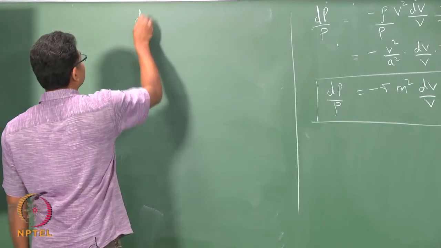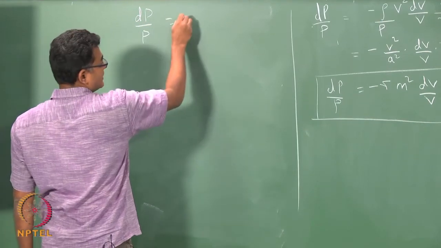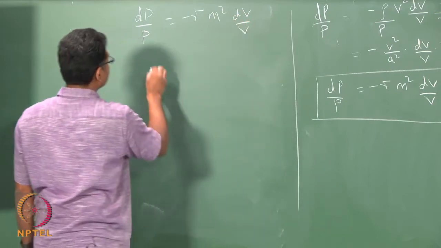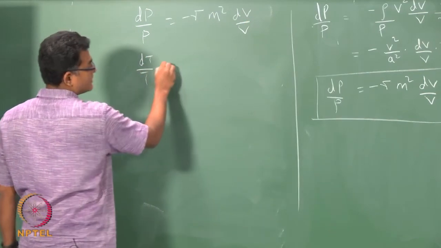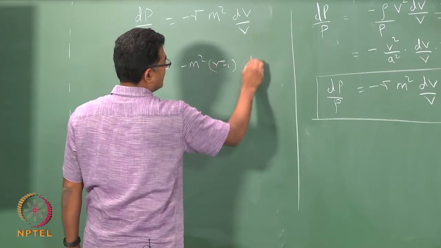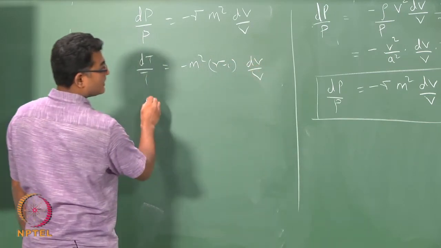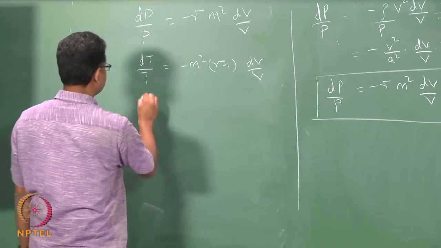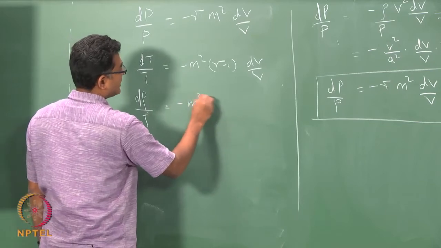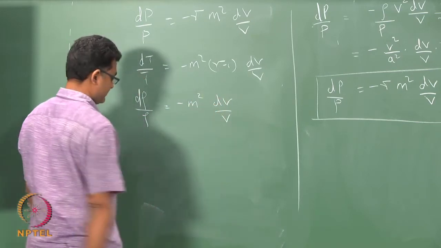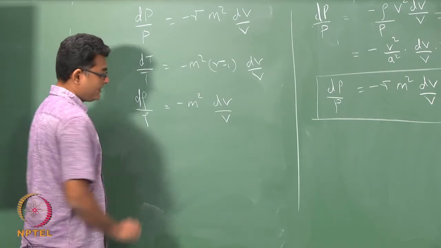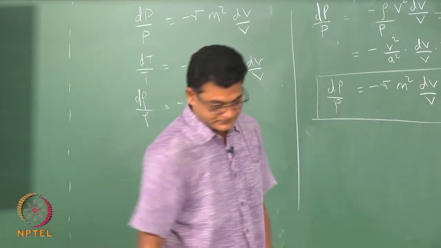So, let me write the first equation, dP by P equals minus gamma M squared dV by V, dT by T is minus M squared (gamma minus 1) dV by V, and your density change d rho by rho equals minus M squared dV by V. Now, what is dV by V in terms of area?